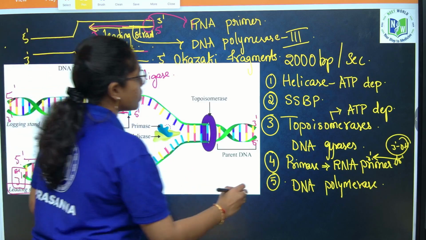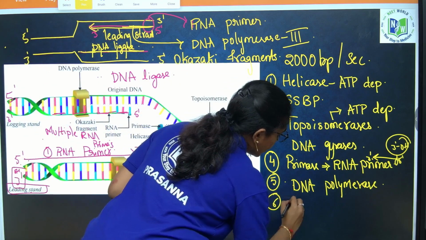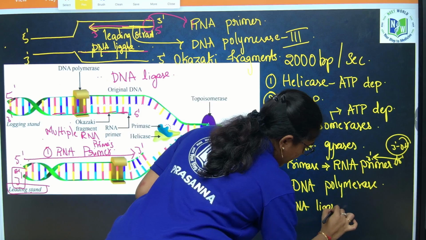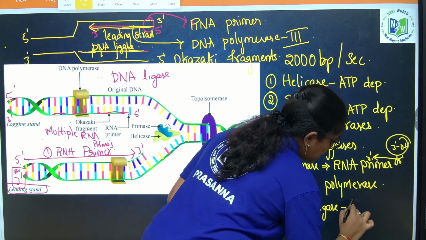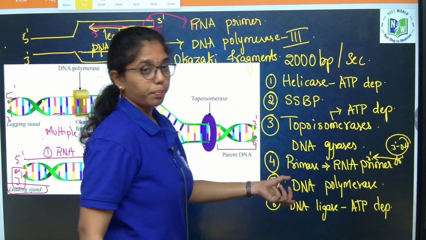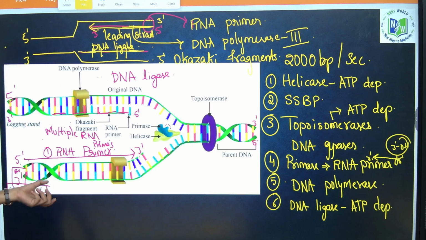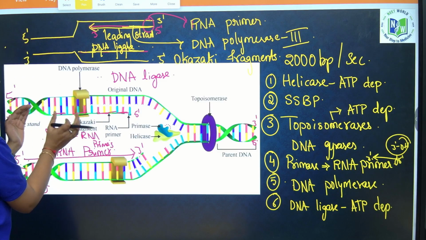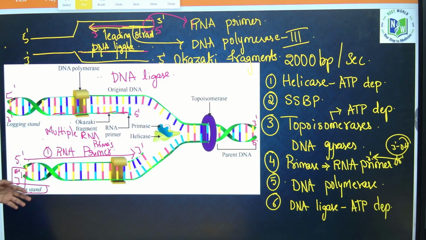And the sixth enzyme is DNA ligase. What is that? DNA ligase. Even DNA ligase is ATP dependent. DNA ligase will combine all the DNA fragments in the lagging strand of the DNA, which is synthesized away from the replication fork.